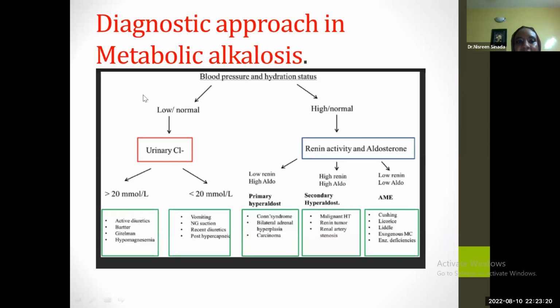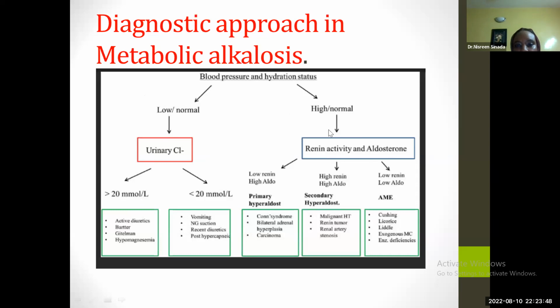If the blood pressure is low or normal, you do the urinary chloride, whether it is more than 20 or less than 20. If it is more than 20, there is chloride loss in the urine. So consider diuretics, Bartter and Gitelman, and hypomagnesemia. It means that in a patient with Bartter and Gitelman, the blood pressure will not be high at all. It will be low or normal.